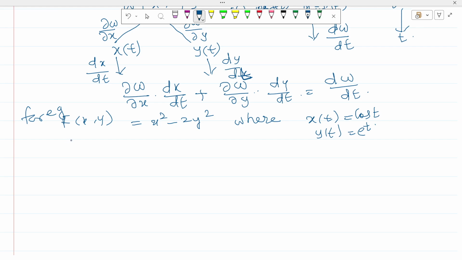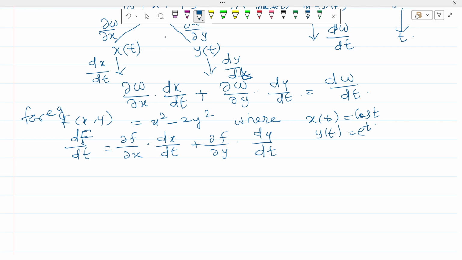See, this problem will come. This is one important problem. Then I want to find df by dt, capital F, that is equal to del f by del x, dx by dt, first you have to differentiate with respect to x, then you have to differentiate x with respect to t, plus del f by del y, dy by dt. You can see here what notations you are using. What is the concept behind this?